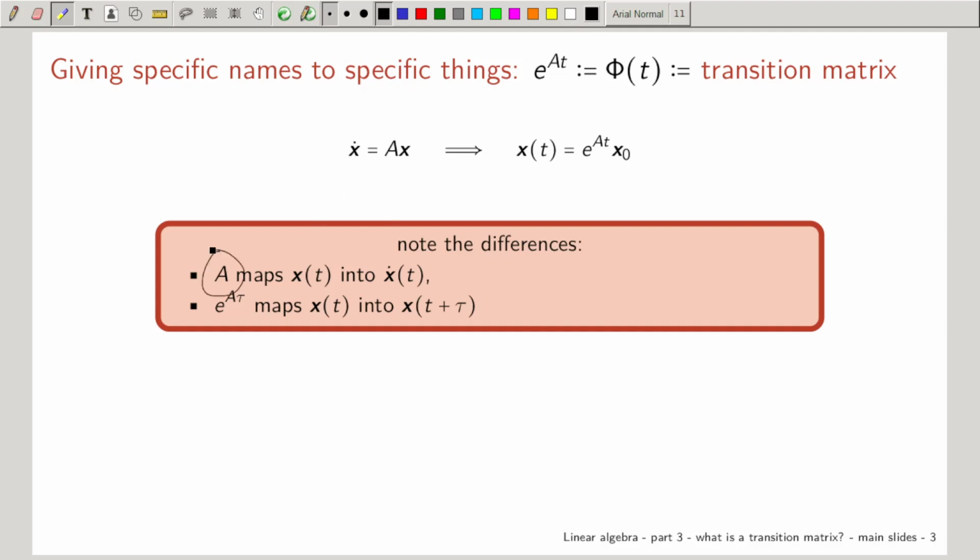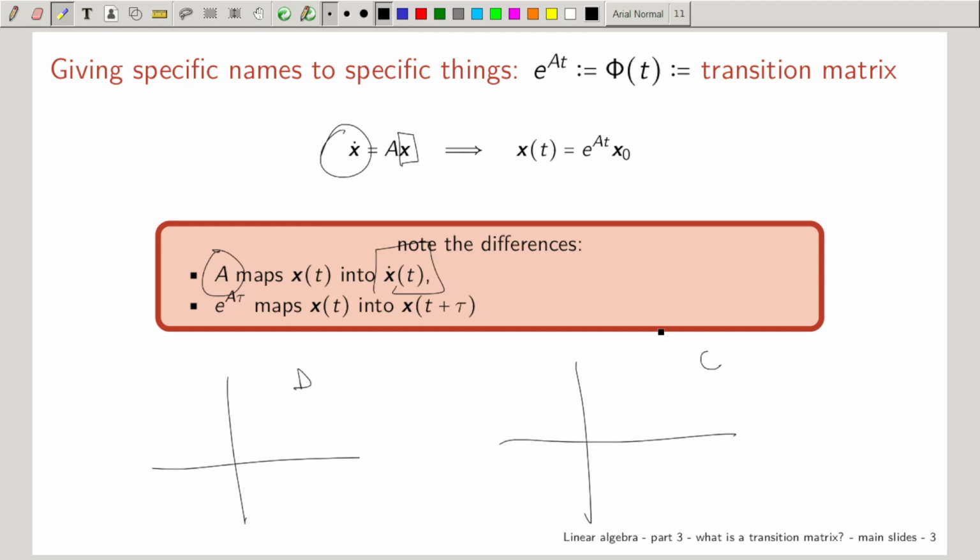This one takes a state and gives you the direction. Let's look at domain and codomain. Whenever I take A, what is the domain? It might be my position and velocity, and it gives me x1 dot, x2 dot.